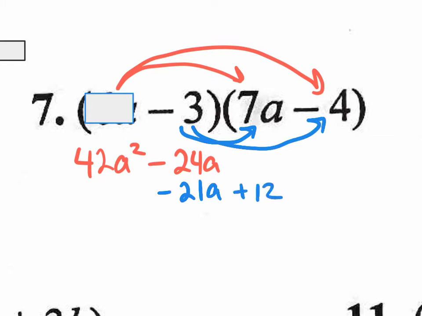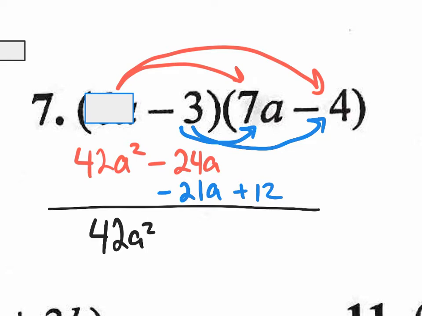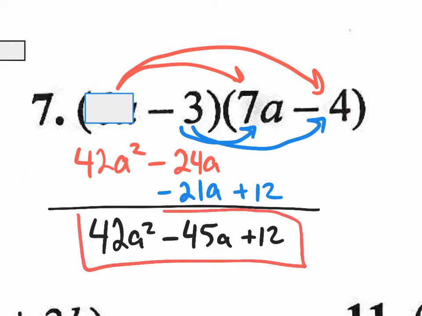So you could set it up like this, right on top of each other, so it'll be more like linear combinations. So the first part of your answer is 42a squared, and then minus 24 and a minus 21. If you owe $24 and you owe $21, you're going to owe 45 of those dollars, but in this case, a values, not dollars. And then the plus 12 comes down, and that is it. That is your answer. Any questions?